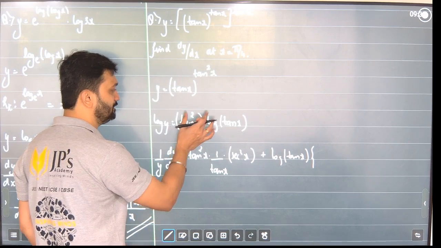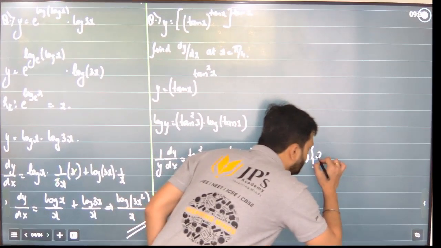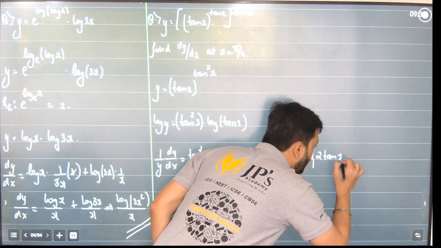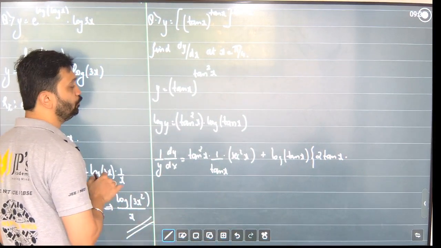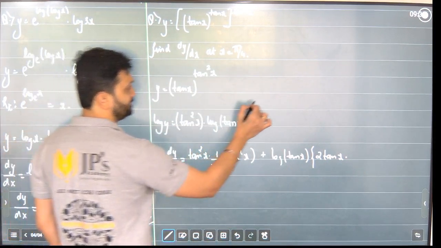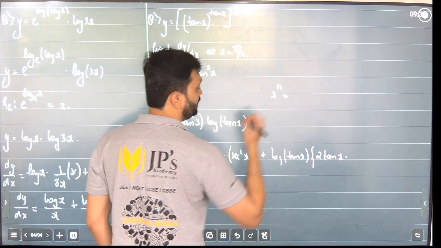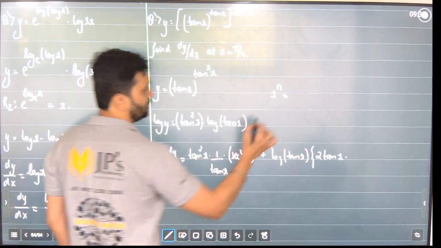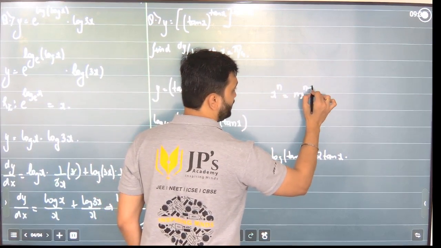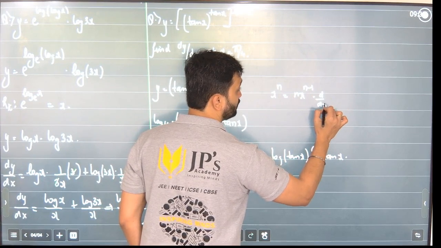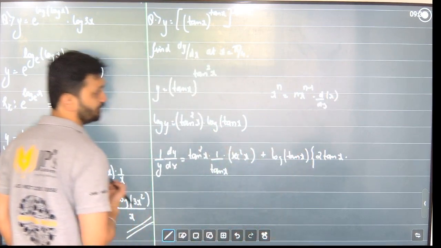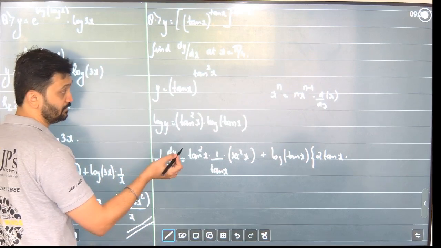Basically this is tan x the whole square, meaning this will become 2 tan x into, this is like x raised to n. What is the derivative of x raised to n? n x raised to n minus 1 into derivative of x. Here, what is x?